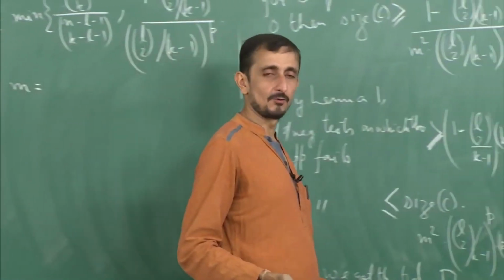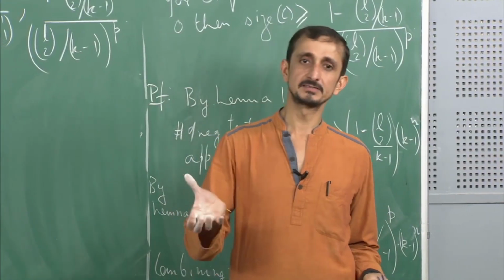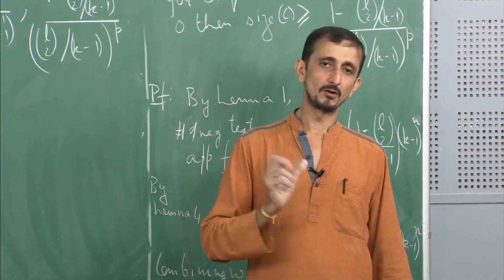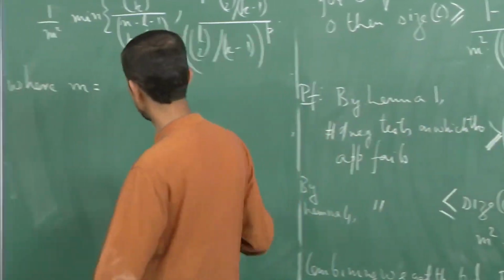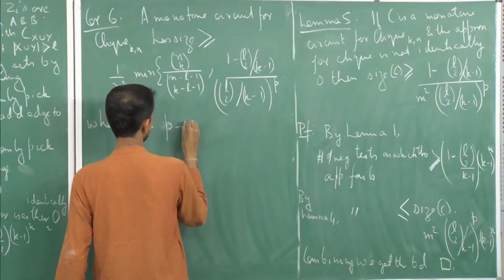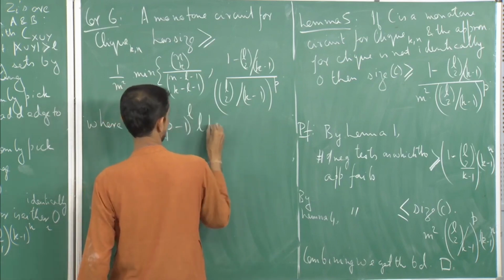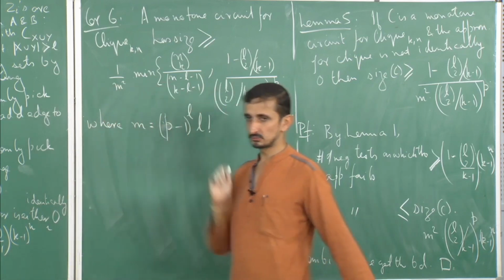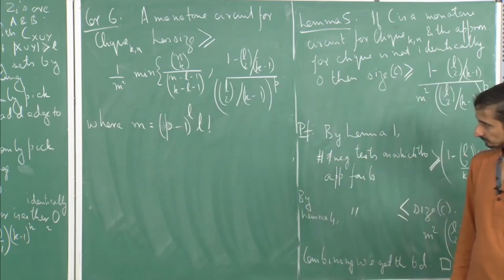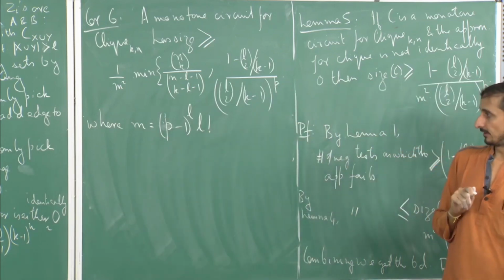To apply the sunflower lemma, we need m to be at least (p minus 1) to the power L times L factorial. So we will set m to be (p minus 1) to the power L times L factorial. In fact, this is what it needs to be, because we are applying the sunflower lemma.